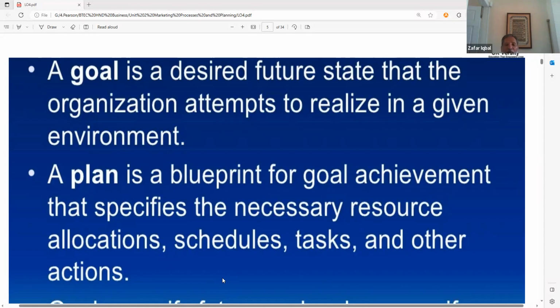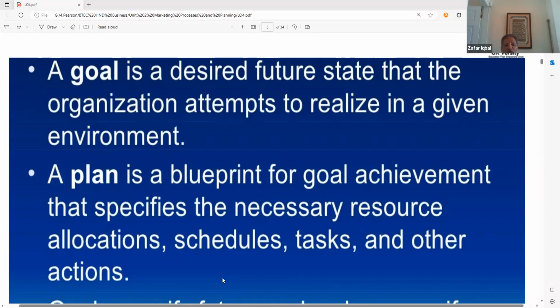So what is a plan? A plan is something that an organization is going to do. It's a kind of blueprint, a written document that prepares you for goal achievement and specifies the necessary resources.